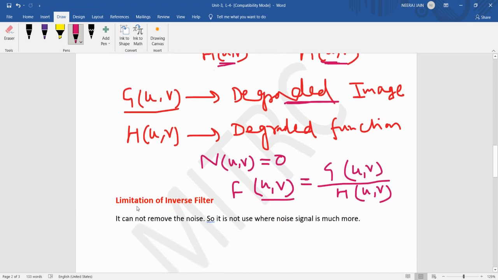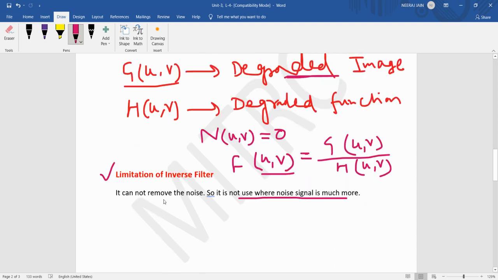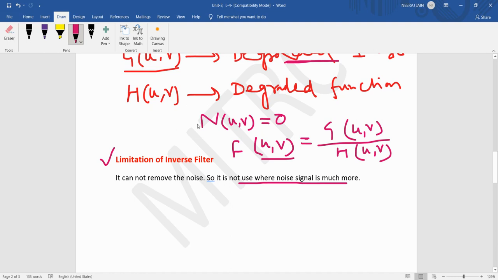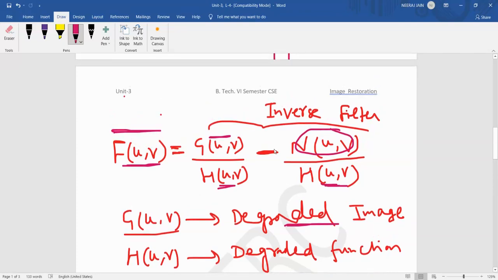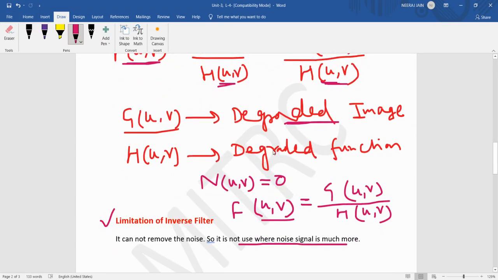The limitation of the inverse filter is that it does not remove the noise, so it is not used where the noise signal is much more. So we use the Wiener filter, which we will discuss in the next lecture, to consider this noise factor, by which we can reduce it.